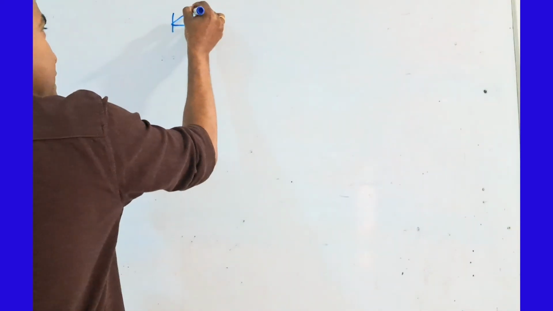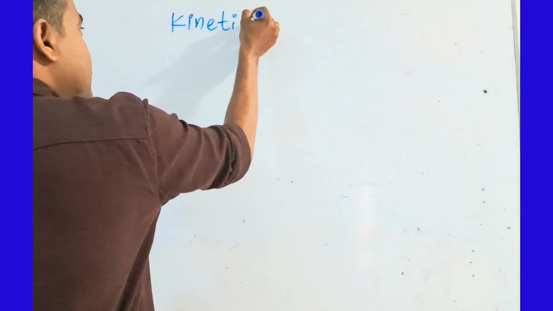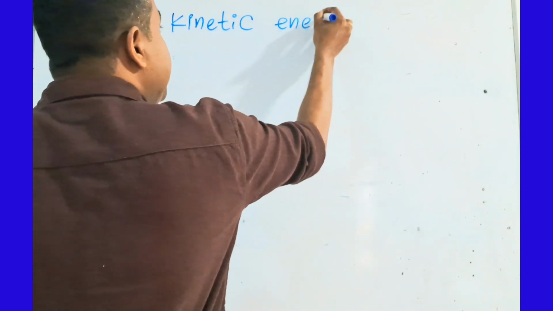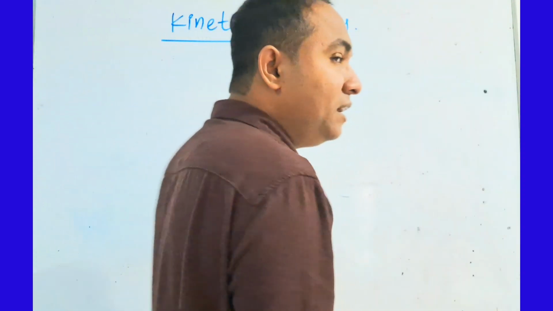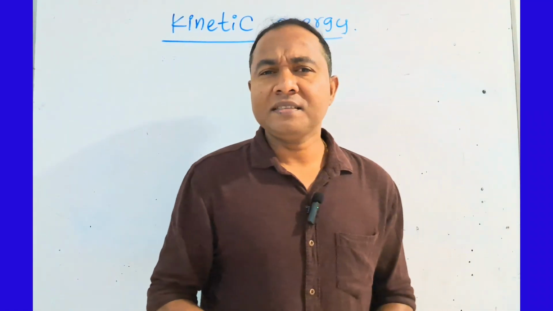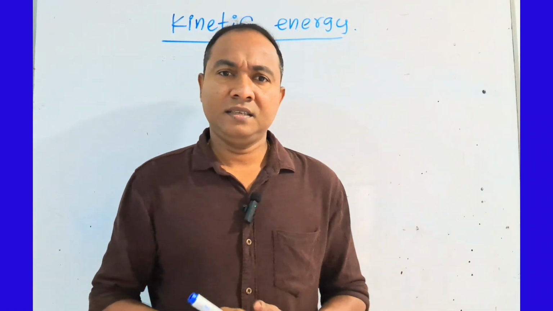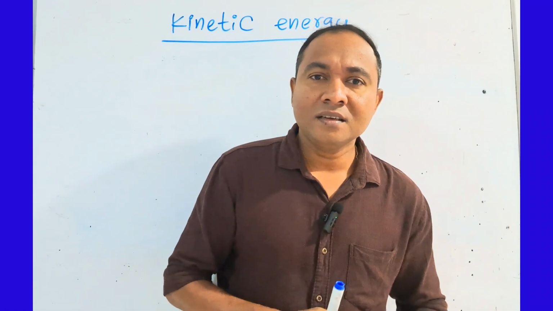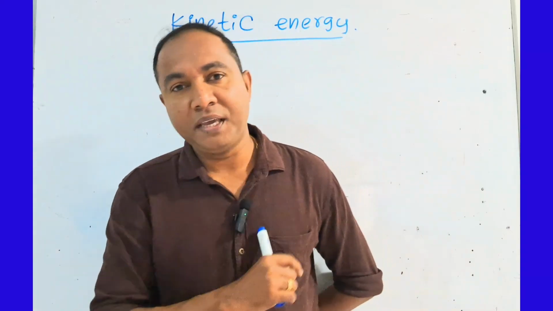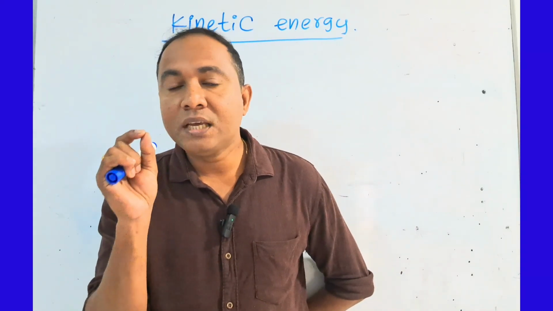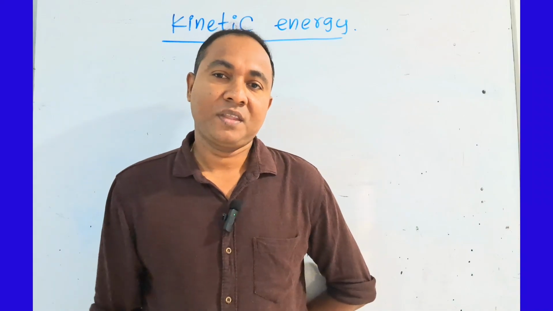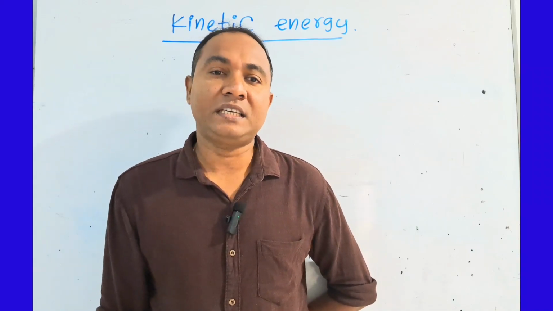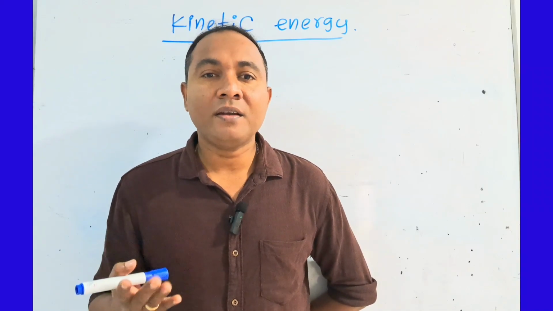Among the different types of energy, now we are going to learn about kinetic energy. What is kinetic energy? Kinetic energy means the energy that a moving object contains. Now think about a fan.